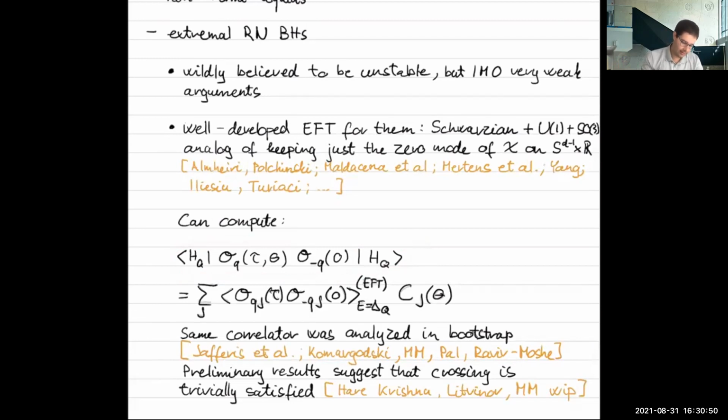And so I'm thinking that analyzing crossing for this object, what you get from the gravity analysis, could be fruitful. First of all, checking if it satisfies crossing. Secondly, if yes, which is the likely answer, whether it's a trivial mechanism or a non-trivial mechanism. And this is what I'm currently doing with 2 students in Stony Brook, Hare Krishna and Misha Litvinov.